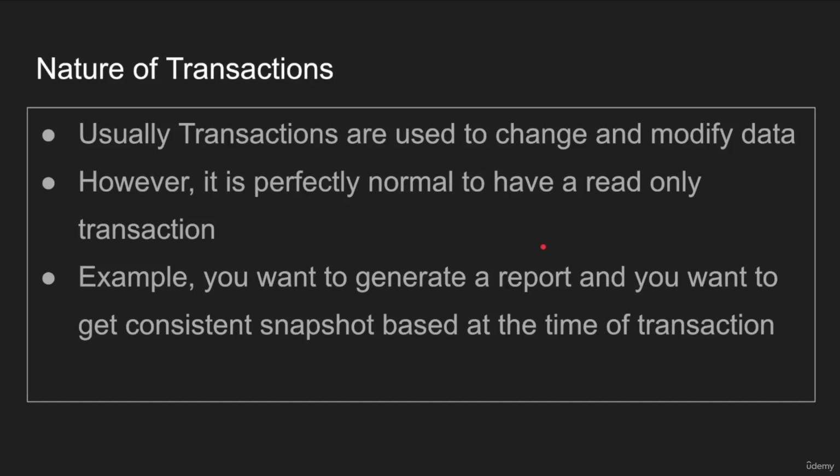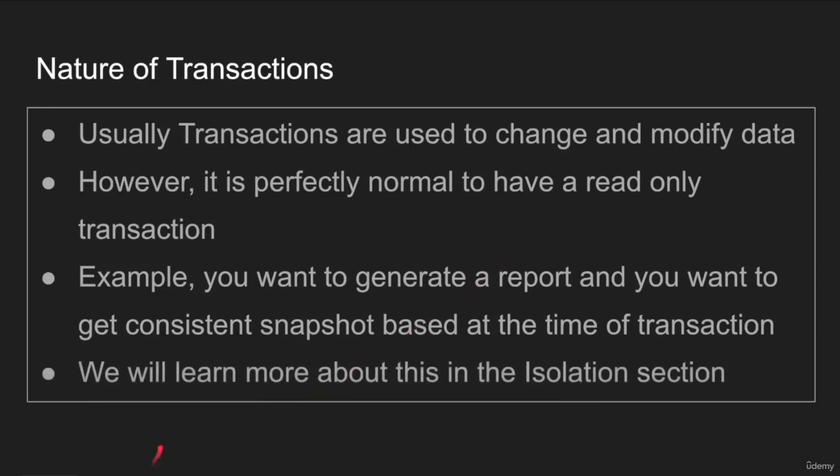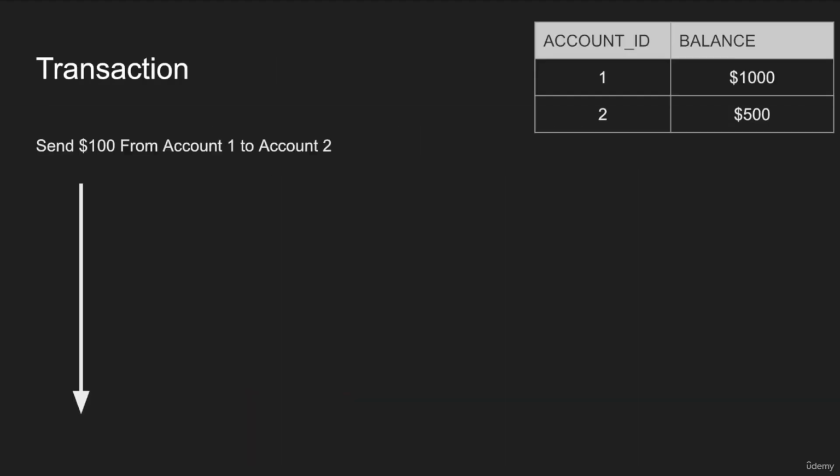That's the power of a transaction when reading. Because anything you read, if something changed by a concurrent transaction, you don't care. You want to be isolated, and that's another thing we're going to talk about. We will learn more about this in the isolation lecture. Stay tuned for that.